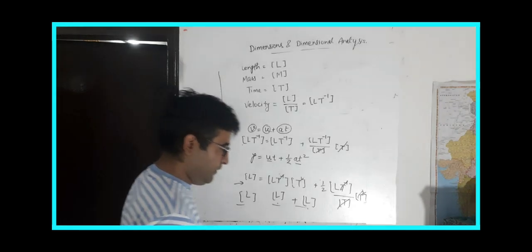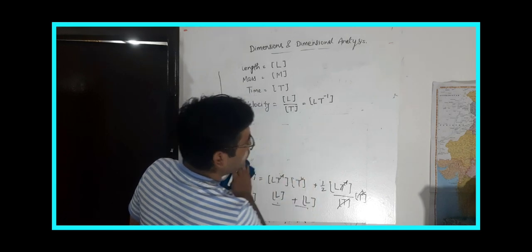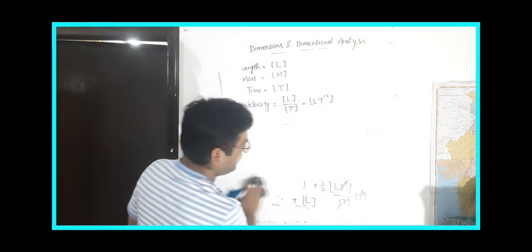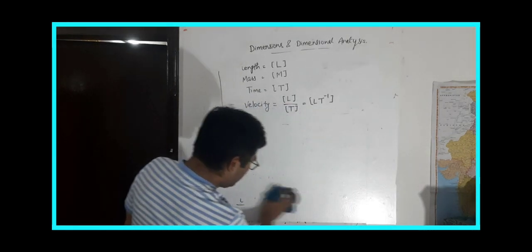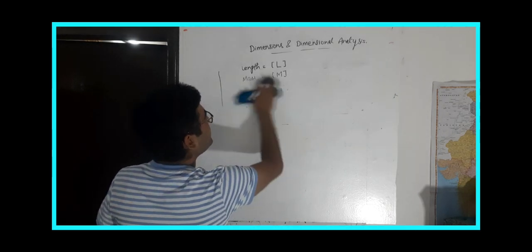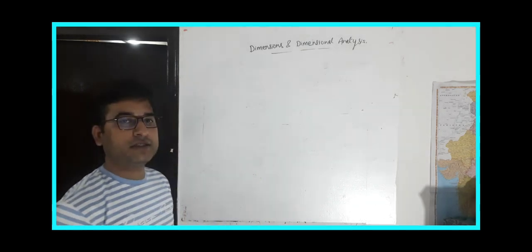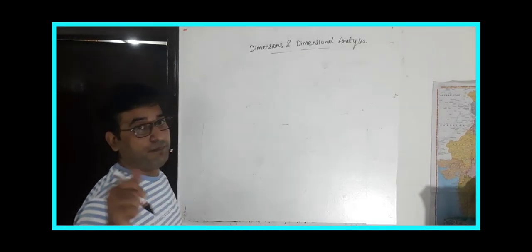Okay. So the next thing that comes is you can deduce any formula using this method, the dimensional analysis method. How? For example, we will see the example of the time period of a simple pendulum.